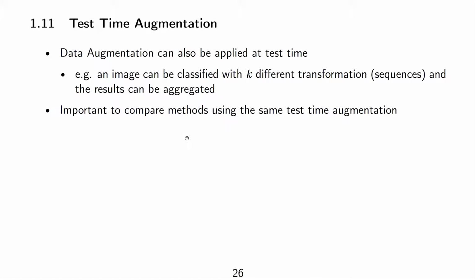Just to mention that there's a difference between applying data augmentation during training and test time augmentation, which is also an important building block that is used in many machine learning systems.